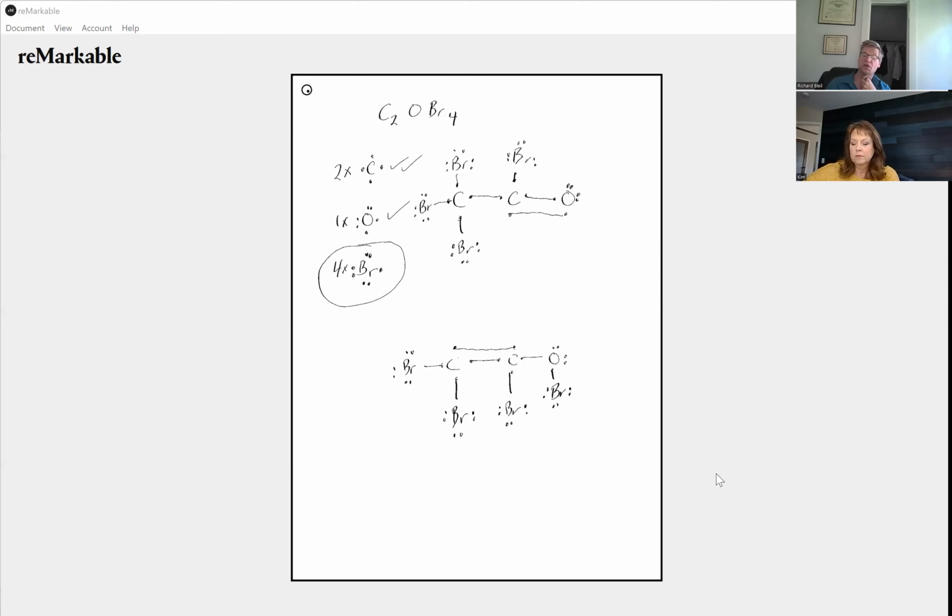Are these Lewis dot structures valid? Which one does not work? There's nothing left unpaired, is there? Is the octet rule satisfied on both? You already know the answer.